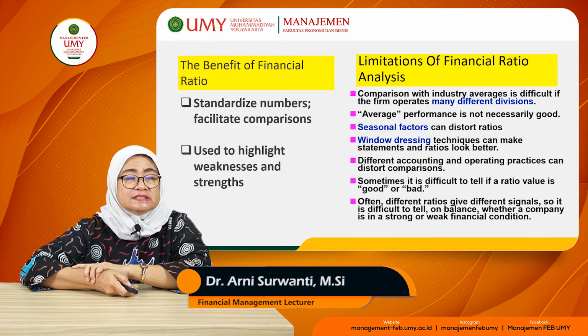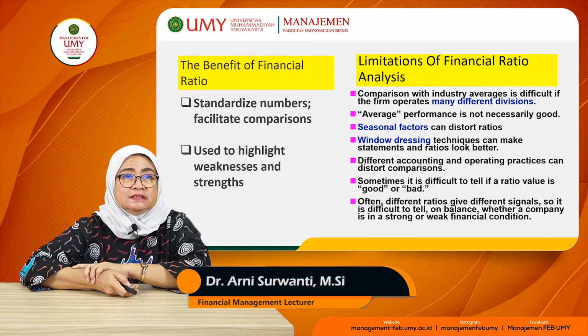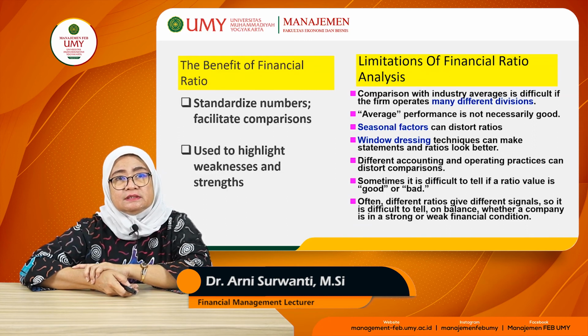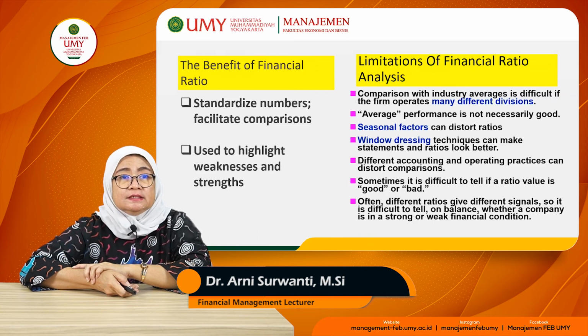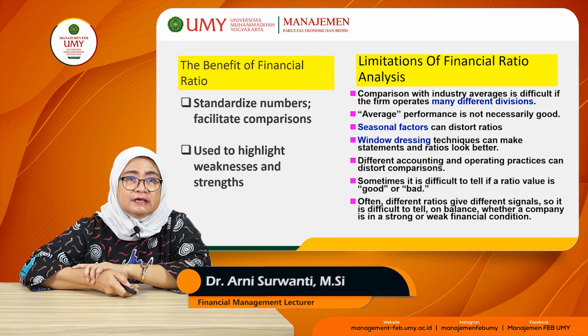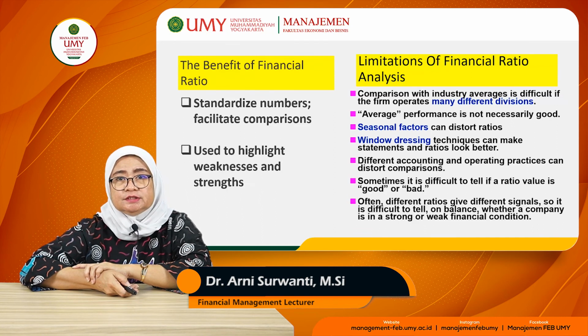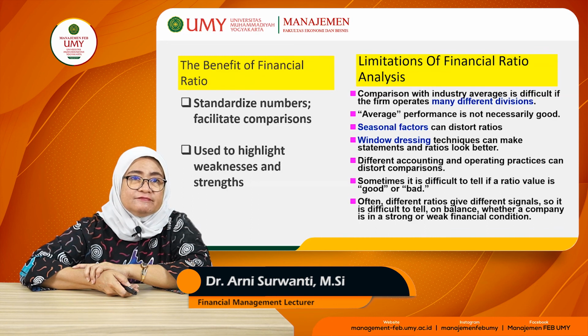But this analysis has limitations. The limitation is that comparison with the industry average is difficult if the firm operates many different divisions. The second one, average performance is not necessarily good, and seasonal factors can distort ratios.